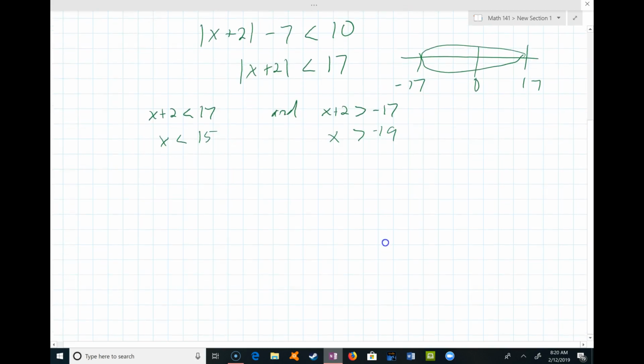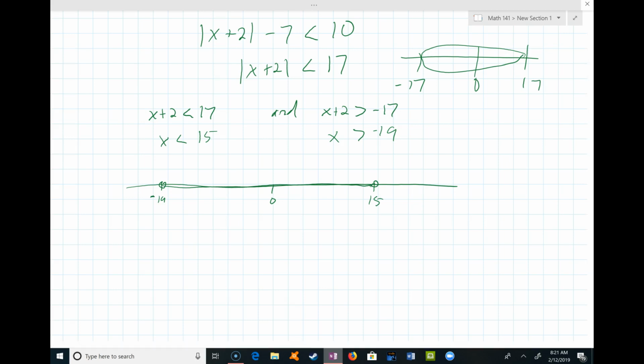So then if you were to graph that, you'd draw your number line, and you'd do, here's 0, here's negative 19, here's positive 15, and because it's strictly less than, we put an open circle there, and we draw the connecting line. Okay.